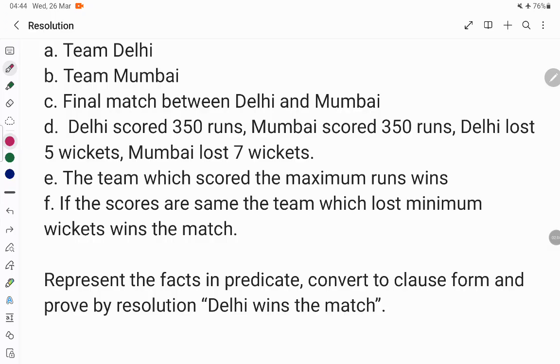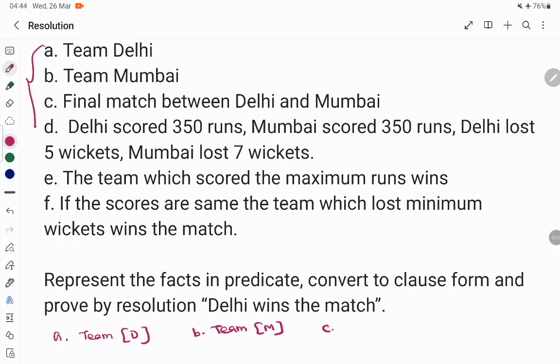So when I am converting, from A to D, I try to use constant values. It is a direct conversion. So when I have team Delhi, I can write it as Team(D). And team Mumbai, I can write it as Team(M), Mumbai is a team.